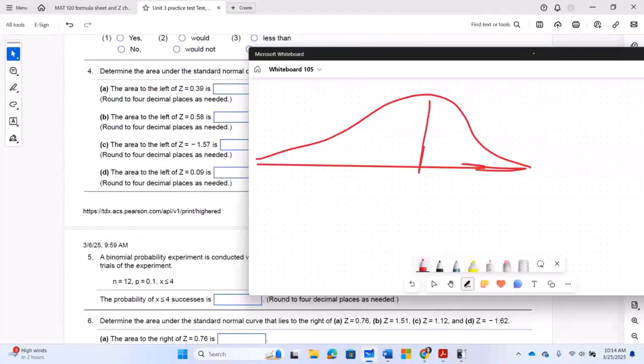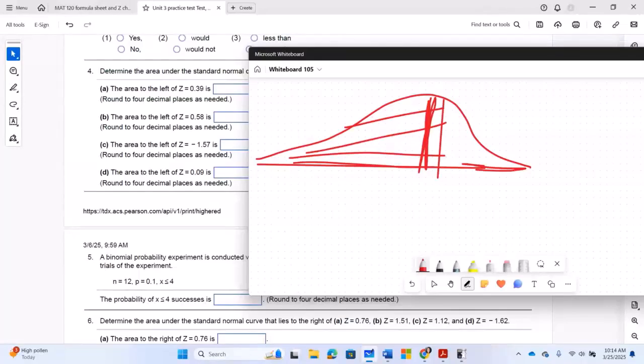The center is the mean, and mean contains 50% of the data. But this time I'm told that the area inside the normal curve is 58%. So 58% is narrowly on the right hand side. And I'm told to find the area to the left.